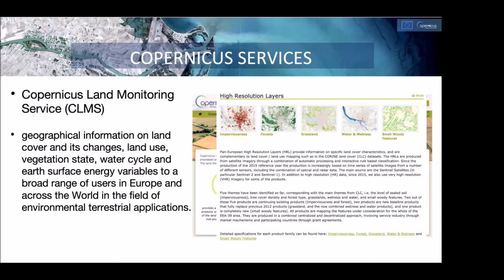Even water and wetness, from the point of view of areas that are naturally flooded and therefore have a certain type of vegetation growing there, that can be used to link up with what we're seeing in Earth observation if we're looking into specific ecosystems.